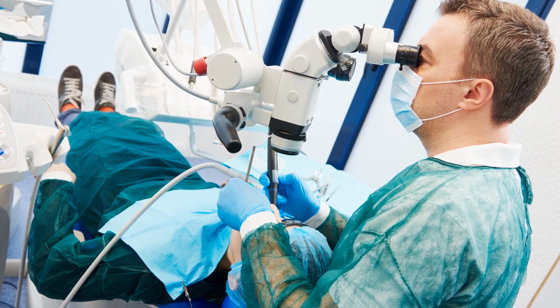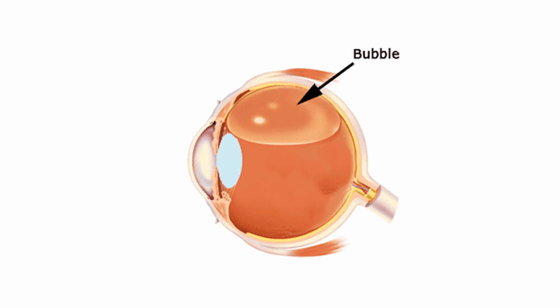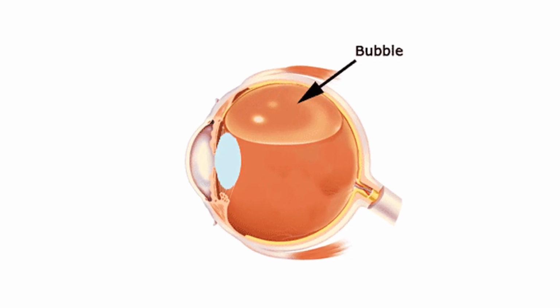Even though it's a floaters only vitrectomy and not a treatment for retinal detachment, for example, it's likely that your surgeon will create a temporary gas bubble in the eye as a precautionary step to add extra pressure in the eye and to reduce the risk of retinal detachment. So the bubble will disappear all by itself in about a week's time.